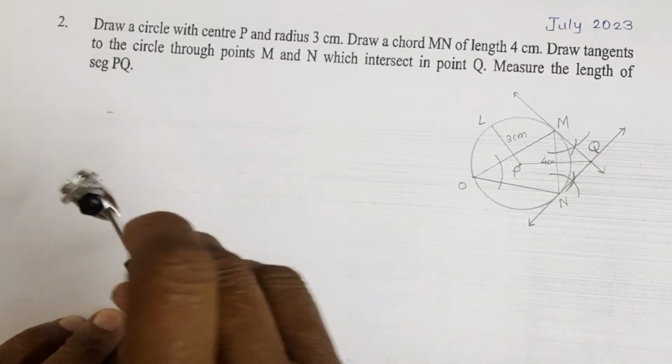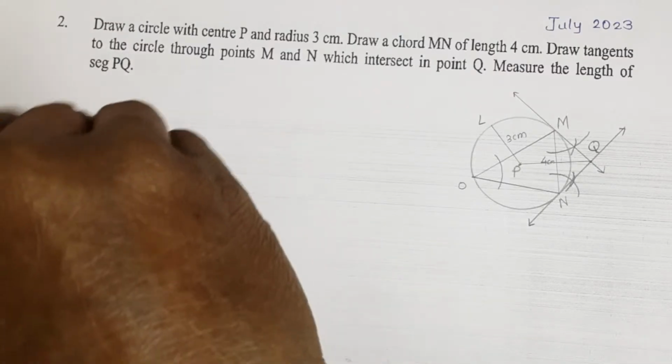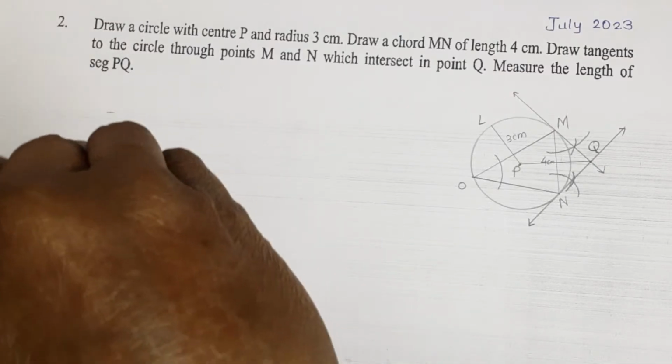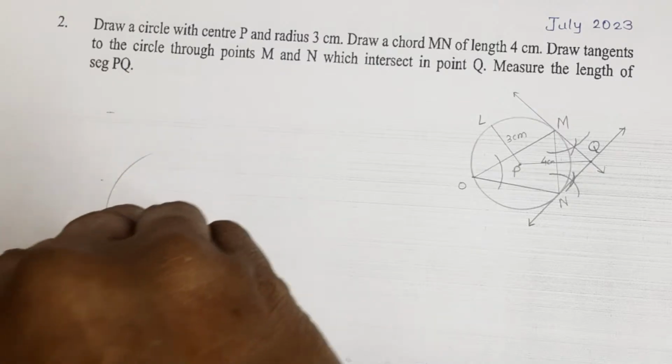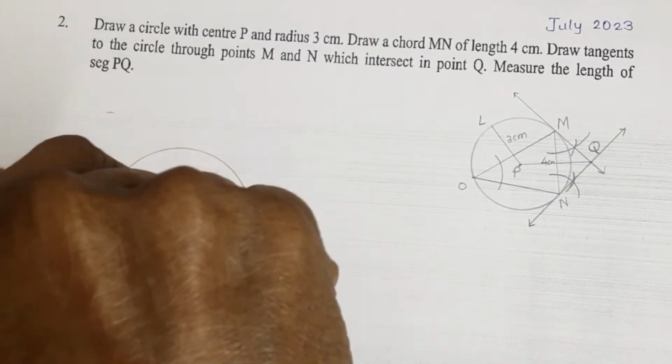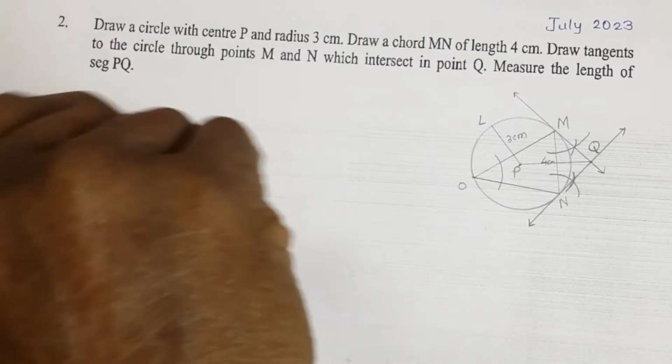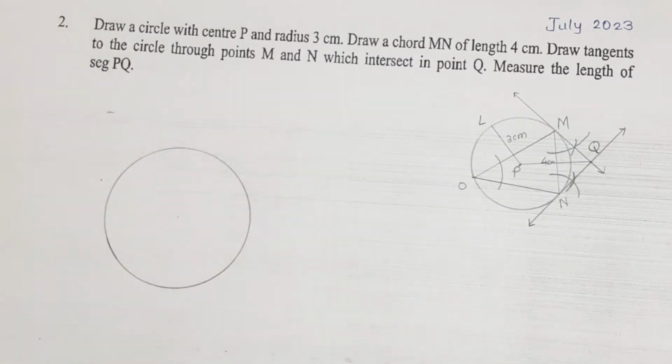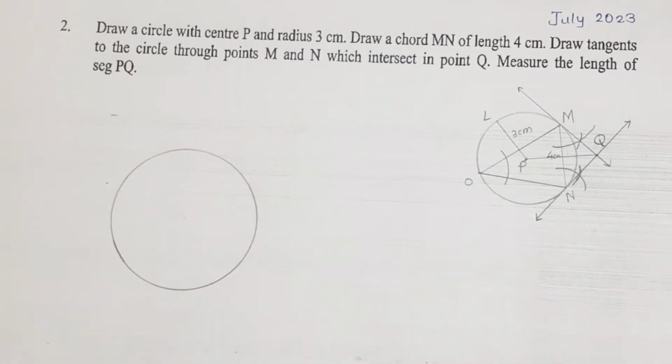So here, students, this is the circle of radius 3 centimeter.